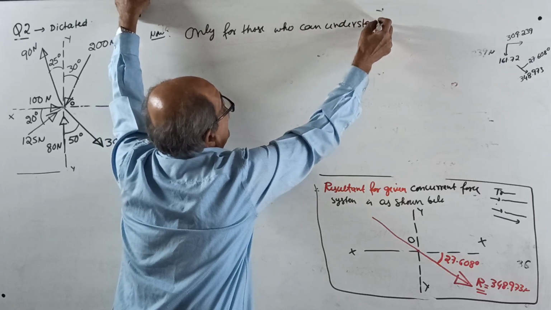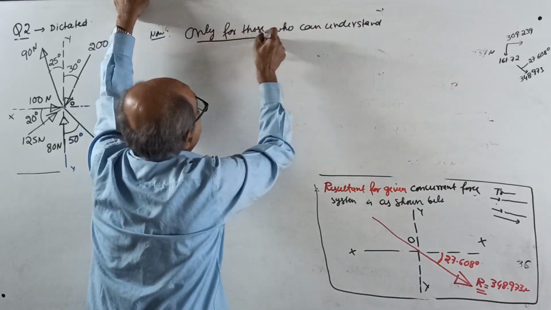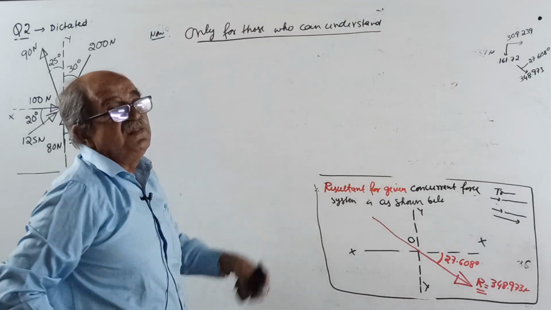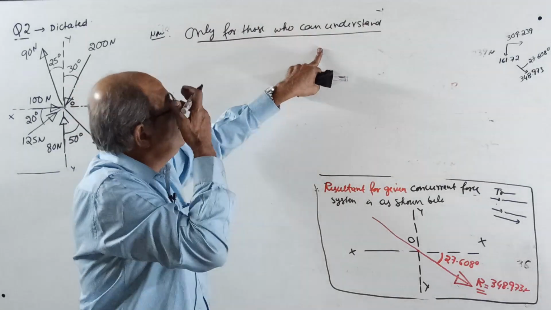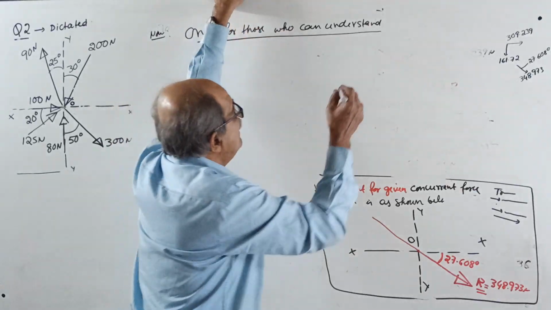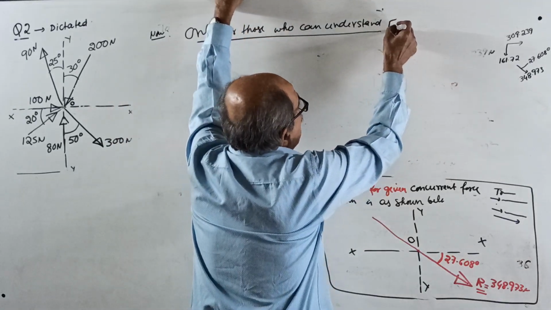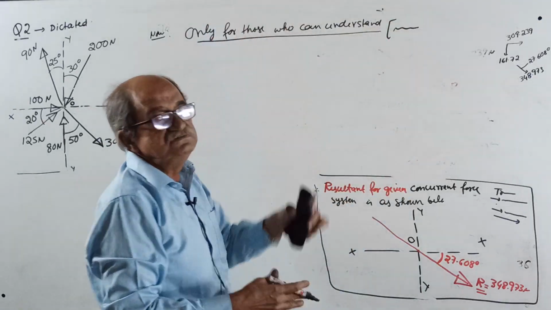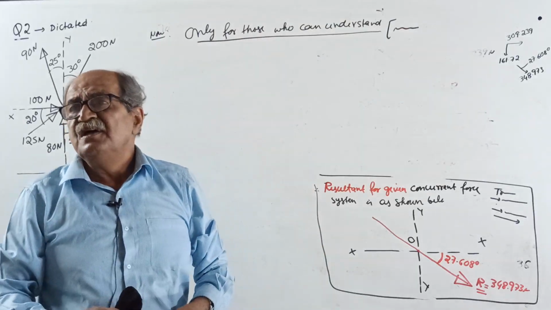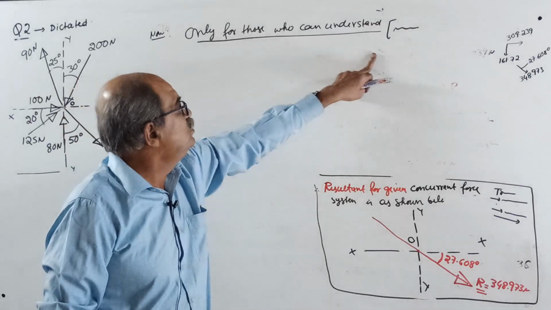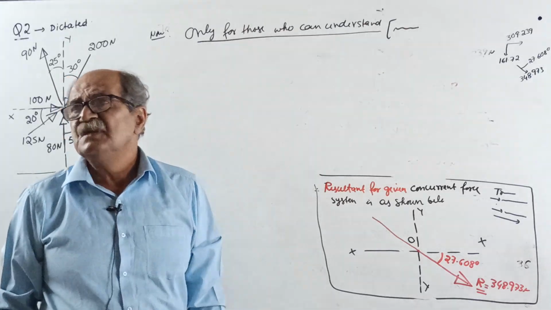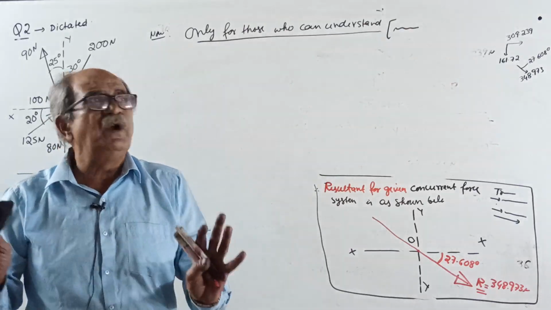Some places they do it, but the problem is they will make some mistake somewhere. This I will explain separately. Only for those who understand, that is, in the bracket, if you have the capacity to understand. You should not say sir has not explained properly, because it is meant for those who can understand. If you cannot understand, don't go for it.